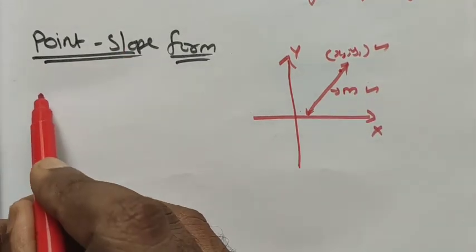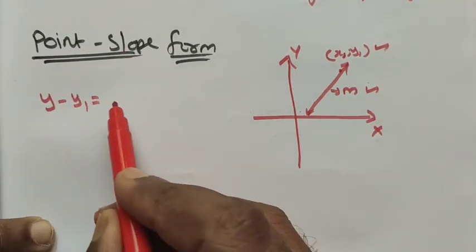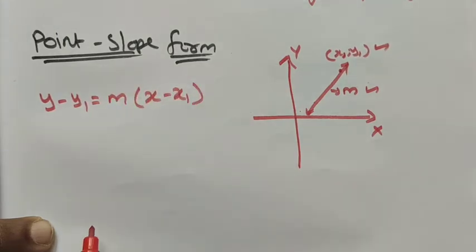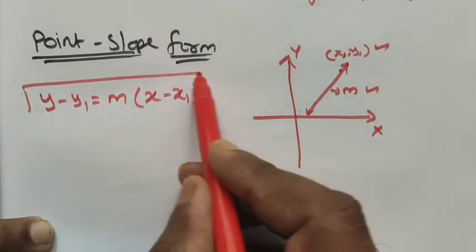Then we have the formula y minus y1 is equal to m of x minus x1. This is the point slope form formula.